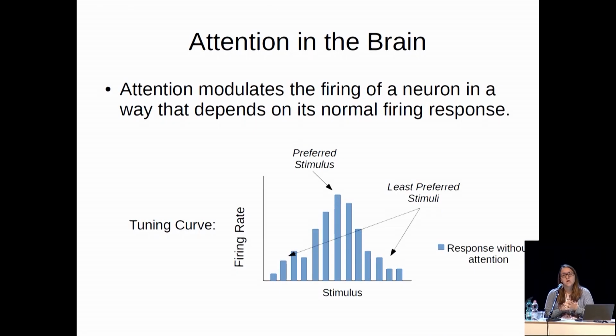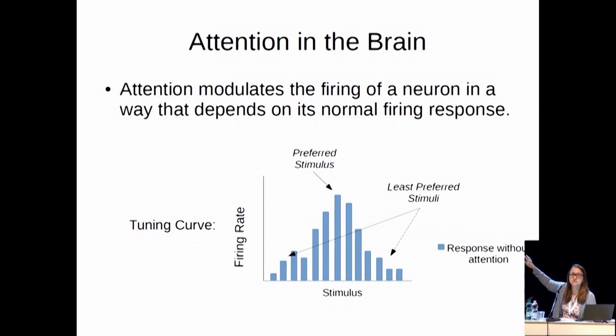Okay, so looking at the activity of neurons when an animal is performing this task: if you just look at the responses in the absence of attention, when there's no cue and no information about what to attend to, naturally different neurons or different parts of the brain will have different preferred stimuli.